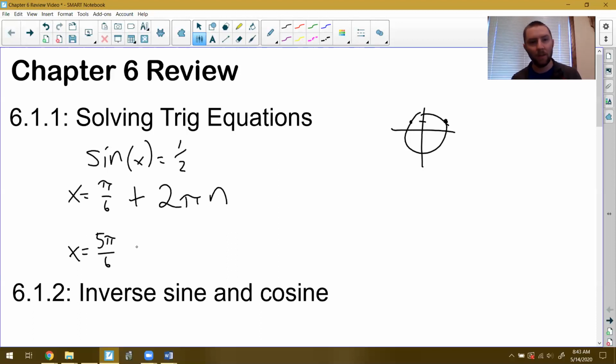So we do that to both of these. If the domain is unrestricted, we put plus 2 pi n.